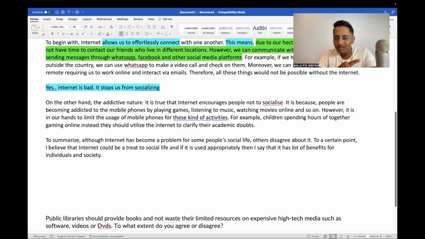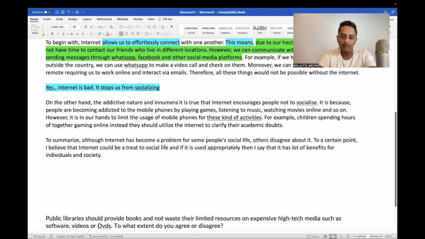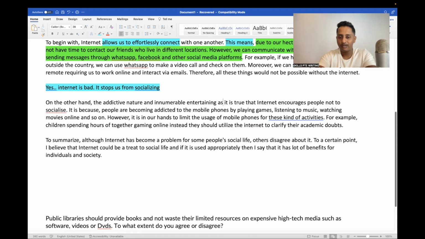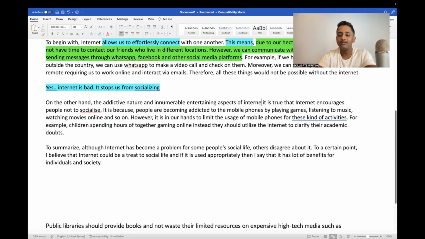On the other hand, the addictive nature and innumerable entertaining aspects of internet. Mm, the addictive nature and innumerable aspects of internet.